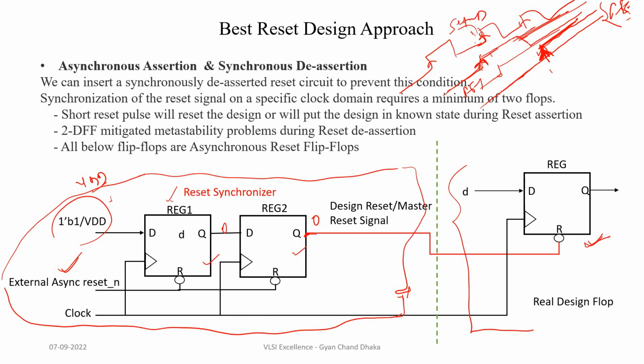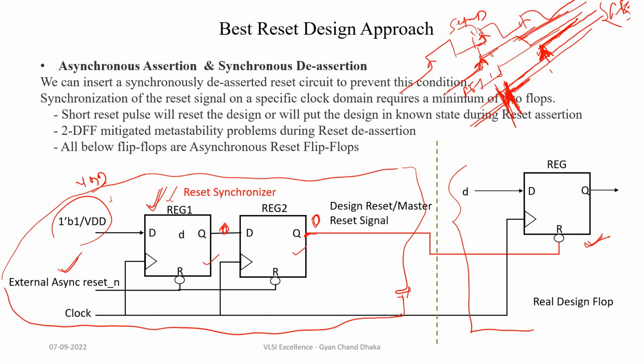Now, if the reset deassertion happens in our recovery window, and the deassertion is happening here, then this flip-flop can go into metastable. But always remember, when the reset is asserted, this output is 0 and this output is also 0.